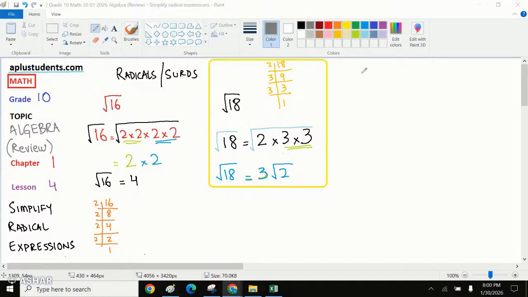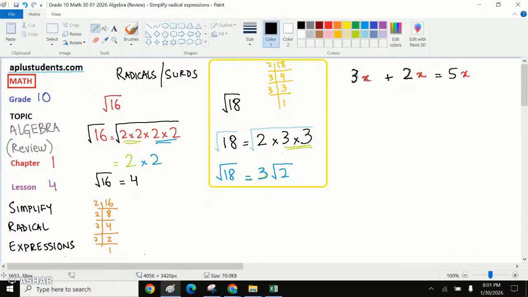We know that when the variable is the same, then what we can do is simply add the coefficients. 3 plus 2 would be 5.